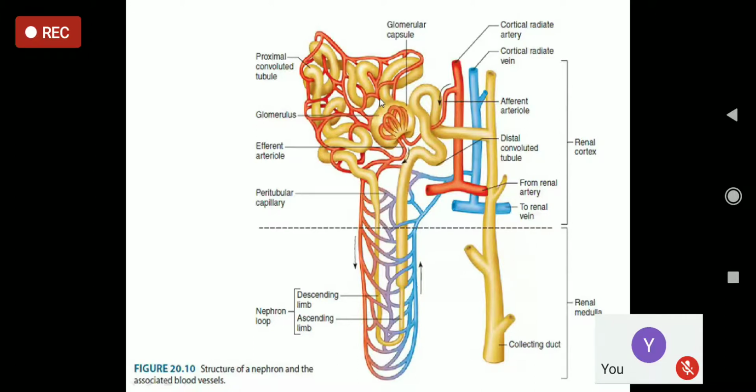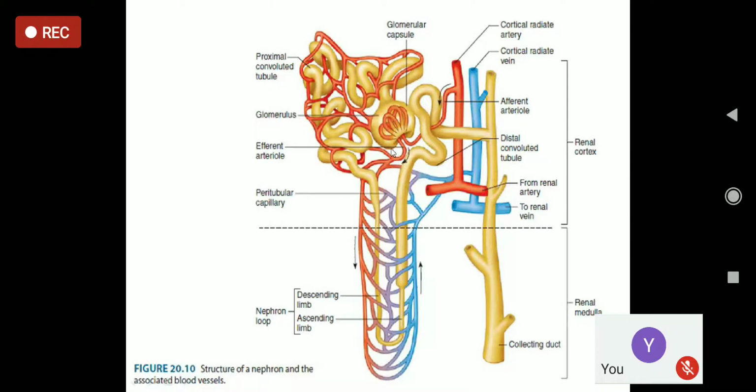In the tubule there is the proximal convoluted tubule, then the straight portion, then the loop of Henle, the descending limb, the ascending limb, then again the distal convoluted tubule, then the collecting tubule or collecting duct.